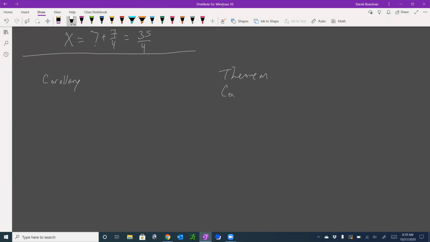So theorem, corollary, lemma, proposition. These are all true statements that we've been able to prove, or that you can prove in math, okay? Note it's a theorem, not a theory.